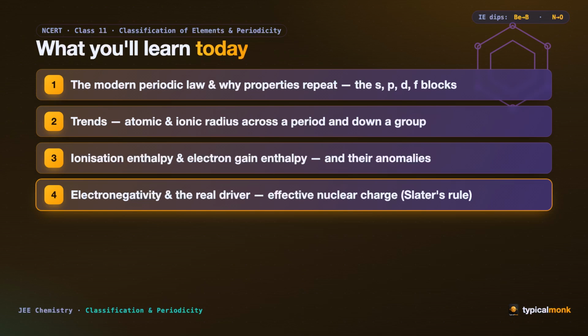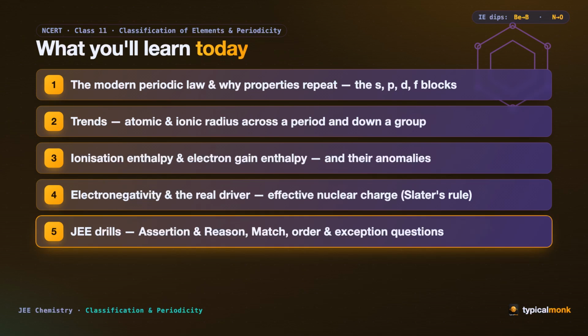Fourth, electronegativity and the idea underneath every single one of these trends, effective nuclear charge, explained through Slater's rule. And fifth, the JEE drills, assertion and reason, match the column, and order and exception questions, so that everything you learn today you can also score with.